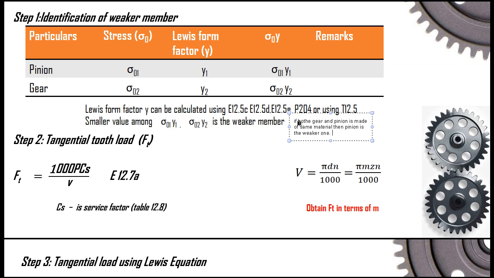How? If both gear and pinion are made of the same material, then the pinion is going to be the weaker.